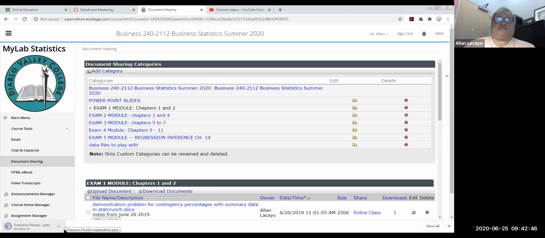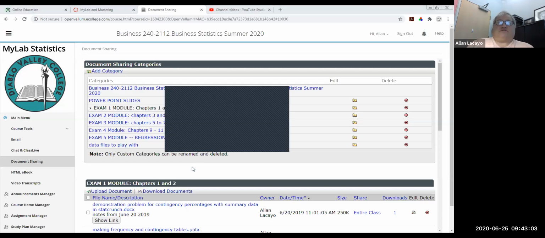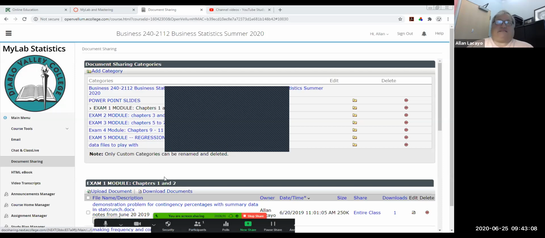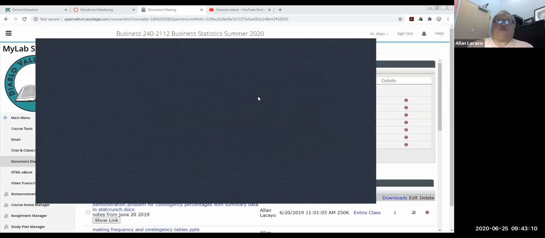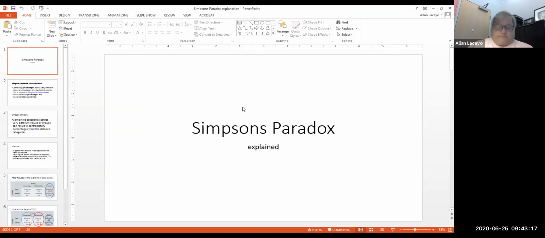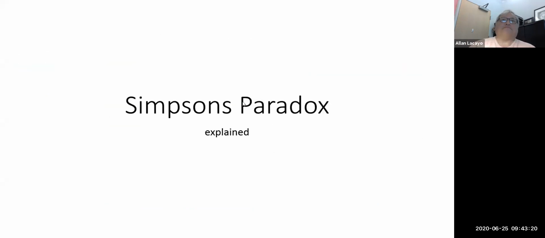I'm going to put this under Module 2 for this particular video in Canvas as well. For now, I'm going to open it and show you another example of Simpson's Paradox. After that, we're going to go into Quiz 2 and look for a particular example of computations where Simpson's Paradox occurs. But first, let's go into the PowerPoint slideshow for Simpson's Paradox.